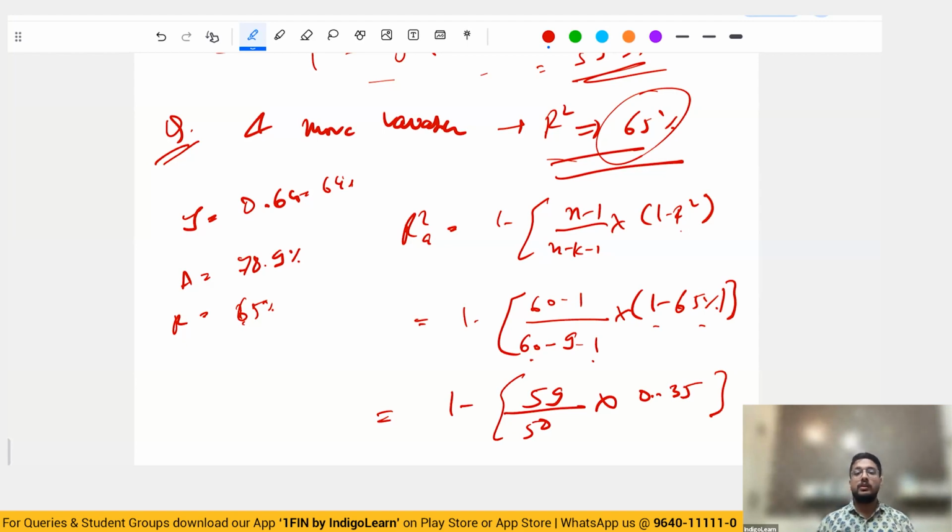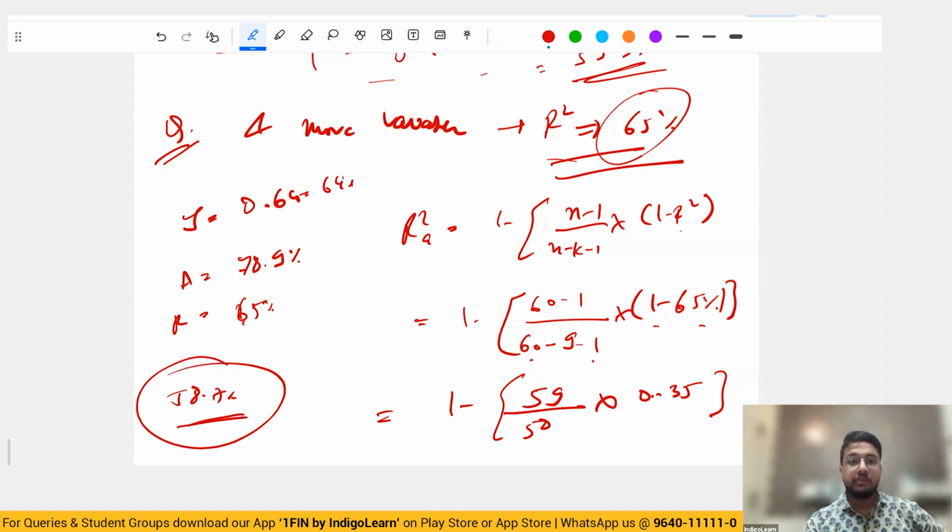Please tell me the answer. 59 divided by 50 into 0.35. So this should be, I think, 1.18 into 0.35. What is the answer, Jeremiah? So total it's coming to 58.7%.